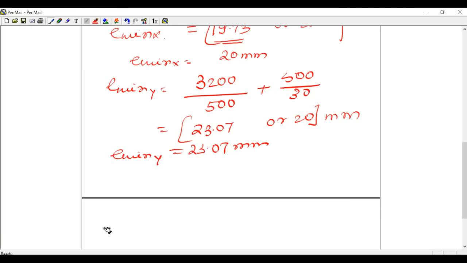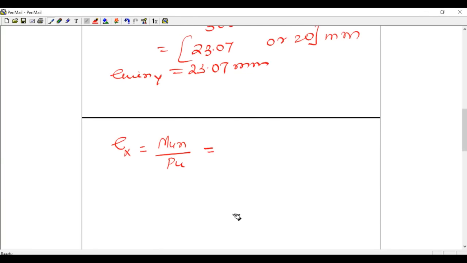Now these are the minimum eccentricities, but for the actual eccentricity, as we have axial load and bending in both directions, we need to calculate the eccentricity because of those forces. Along the x direction, the actual eccentricity due to moment is Mux upon Pu. The moment along x direction was 130 into 10 raised to 6, it was 130 kilonewton meter, and the axial force was 2000 into 10 raised to 3.